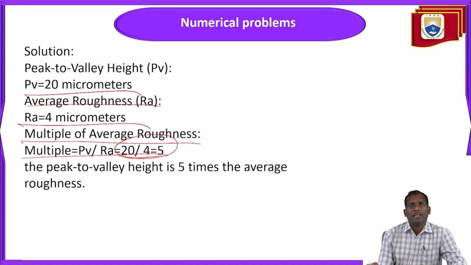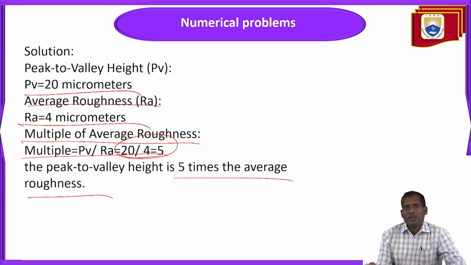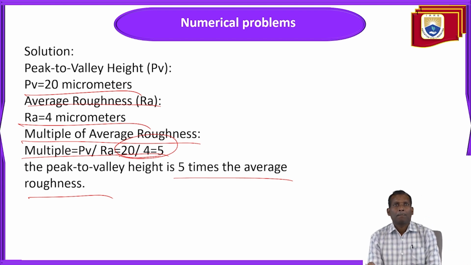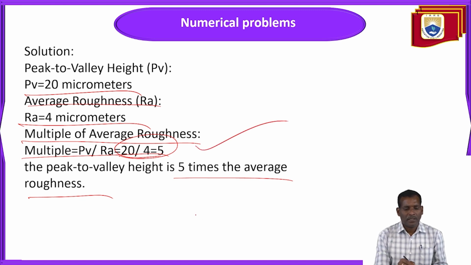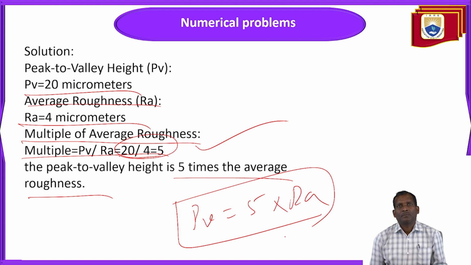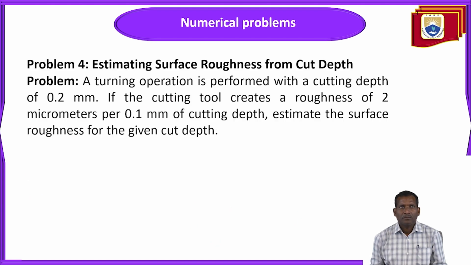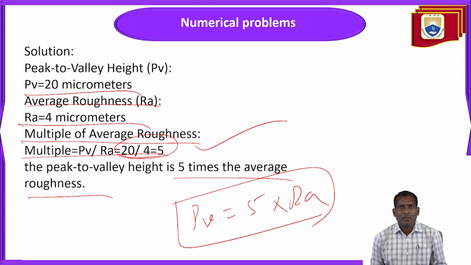The peak to valley height is 5 times the average roughness, that is, 5 Ra. Clear? Like this, you need to calculate.